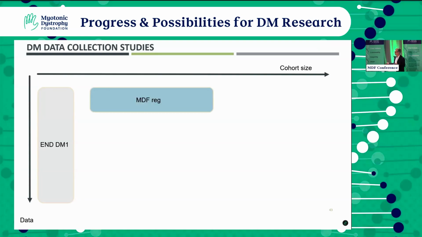Another one is the MDF registry, with people from the US but also abroad, so you have many patients from different countries. This might be limited by the data coming from the patients themselves, meaning you do not have all the data, and there are questions regarding the completeness and quality of the data. And we are a little bit in between with DMScope.